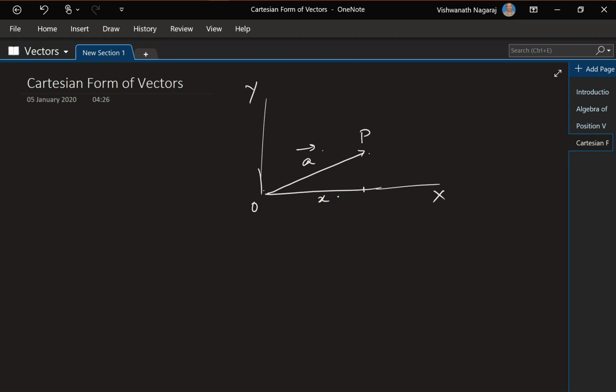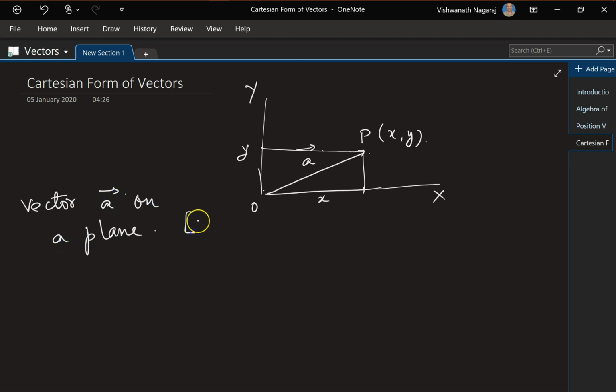We end up with some quantity for the x part of it and y part of it, right? That means P can now be written as x comma y in coordinate system. So you have a vector A on a plane. And this can be written as OP as well.